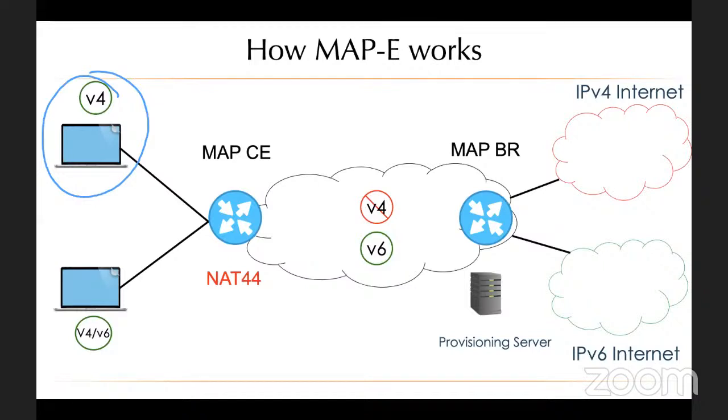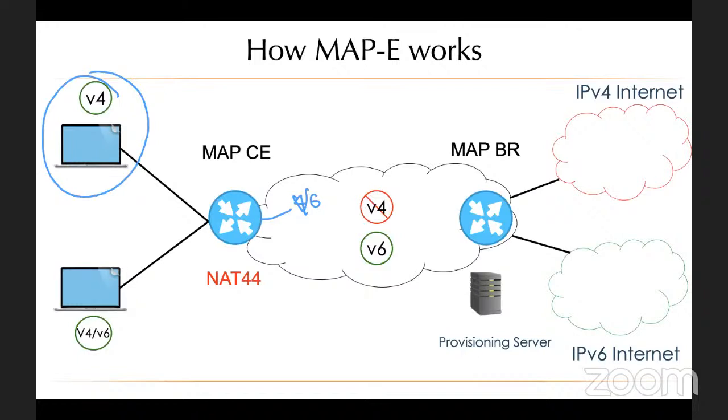You need map rules, which are the same in your map domain. And then the BR and the CE should have the same map rules. Then using the map rules, the CE is going to compute a v6 address for the WAN interface, for the tunnel interface. And then it's going to use the map rules to know which public IPv4 address to use when doing NAT, from private to public.